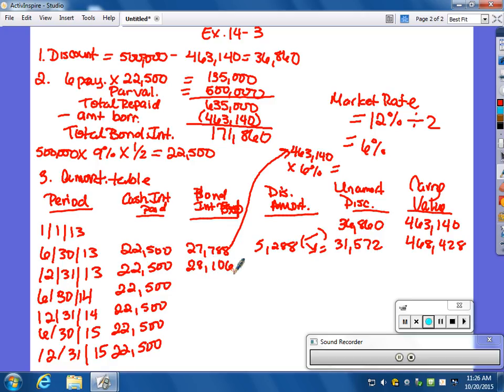And then 28,106 minus 22,500 gives us $5,606. $5,606 subtracted from the unamortized discount of 31,572 gives us what? 25,966. And then the new carrying value: add it back to that, right? Mm-hmm.